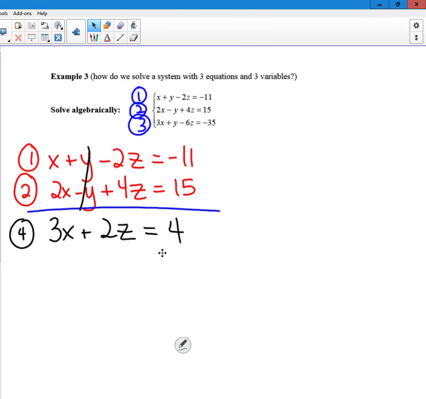Then I'm going to pick two different equations from the original 3. I'm going to pick number 2 and number 3 because they have opposite y's.